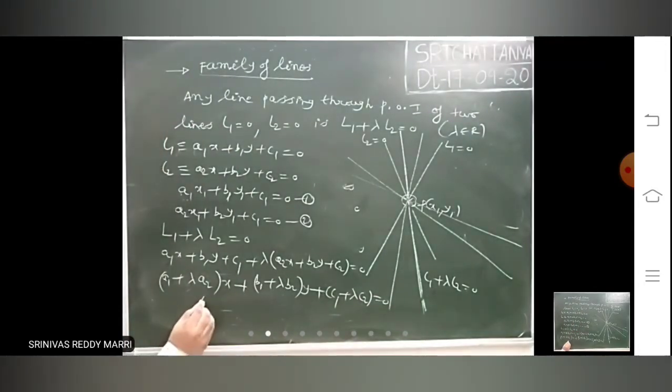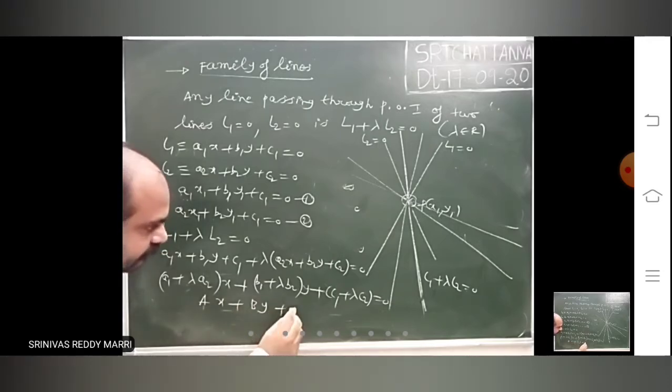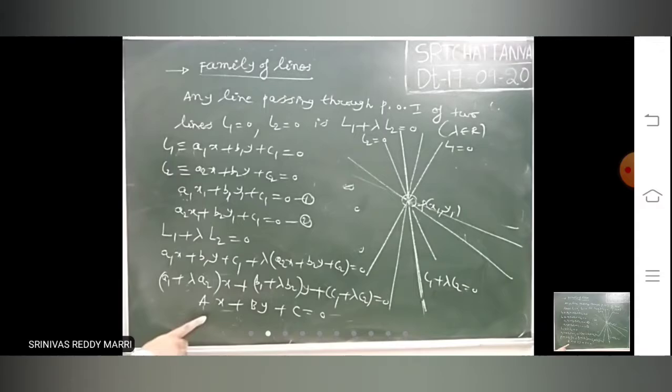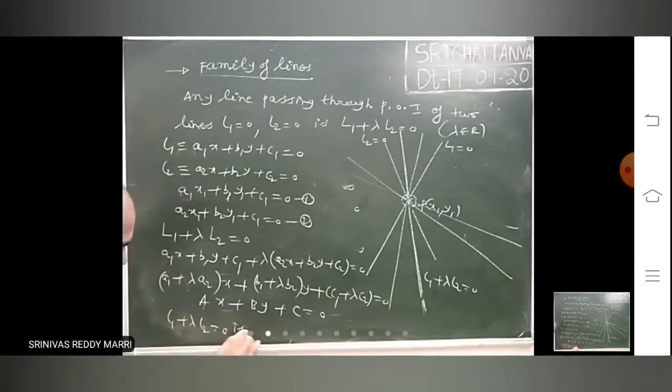So clearly it is of the form ax plus by plus c equal to 0. So L1 plus lambda L2 equal to 0 is clearly a line. That equation will clearly represent a line.